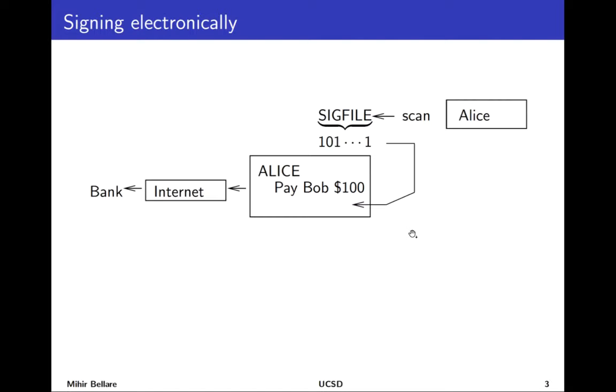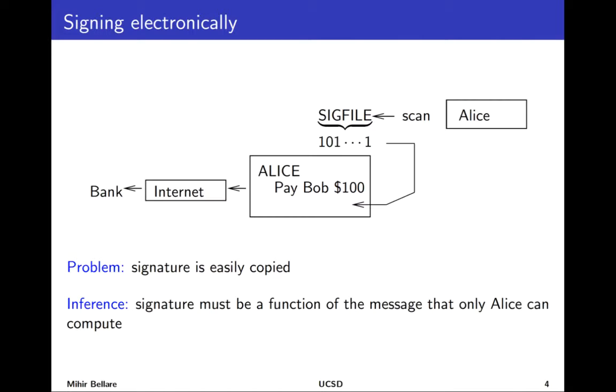But there's a significant difference in terms of security between this and what we have in the real world as handwritten signatures. The problem is that once you turn that handwritten signature into a file or bits that are sent across the internet, it's very easily copied. So anybody can simply detach that signature from whatever Alice attached it to.